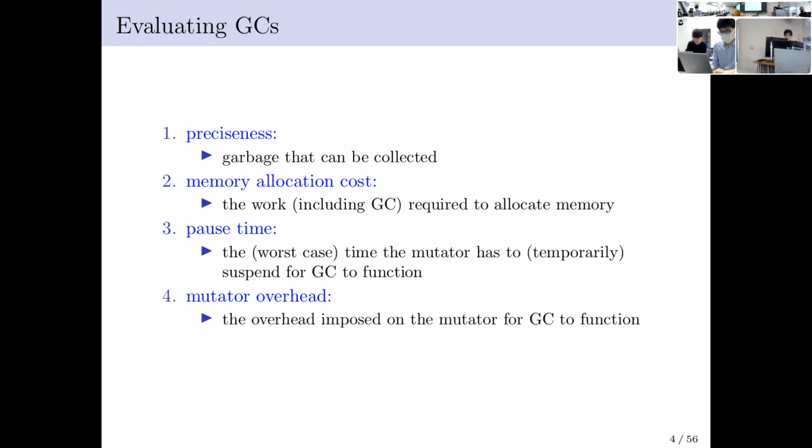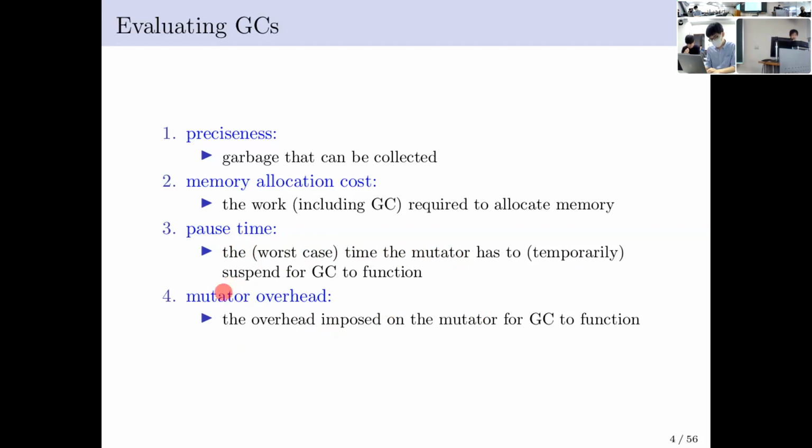You can easily imagine something wrong is going to happen if the mutator, the user program, and the garbage collector are working simultaneously on the same object graph. So generally speaking, the user has to stop, at least temporarily, so that the garbage collection functions correctly. The worst-case time the user has to stop is called the pause time.